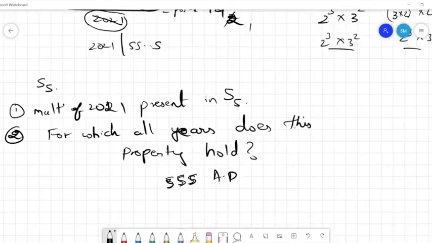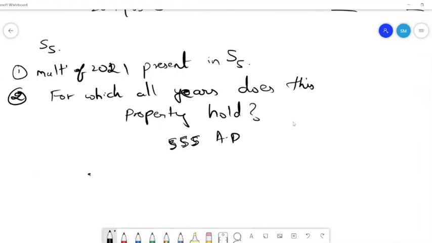Then can a multiple of 2020 occur in S5? I mean, 2020 has factors other than 2 and 5 also. So that's the point.